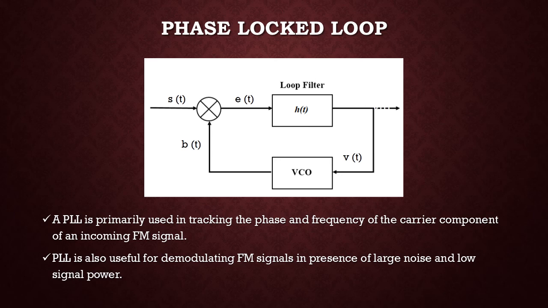So, error e(t) equals s(t) minus b(t). A PLL operates on a similar principle, except that the quantity fed back is not the amplitude but a phase phi(t). The error signal is utilized to adjust the VCO frequency. At this point, the two signals S(t) and B(t) are synchronized and the PLL is locked to the incoming signal S(t). I think this is clear to you.